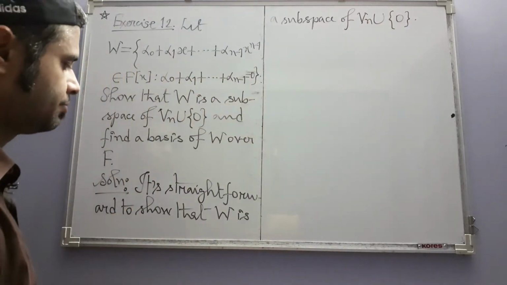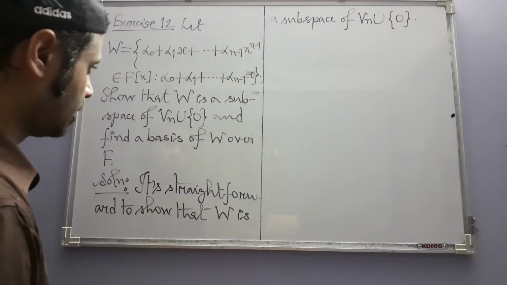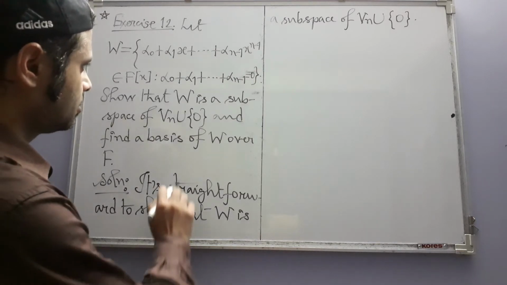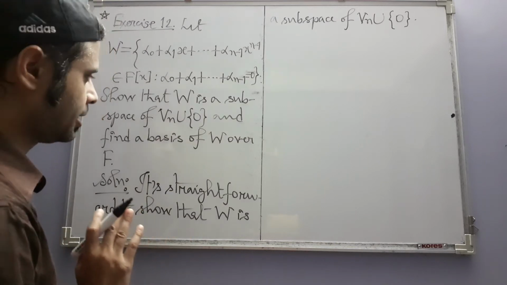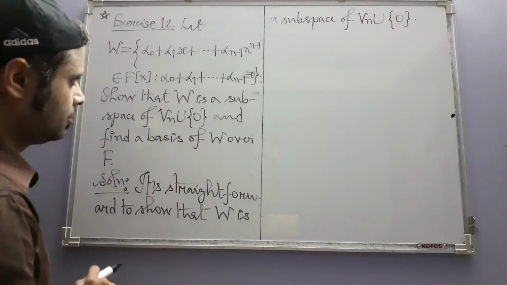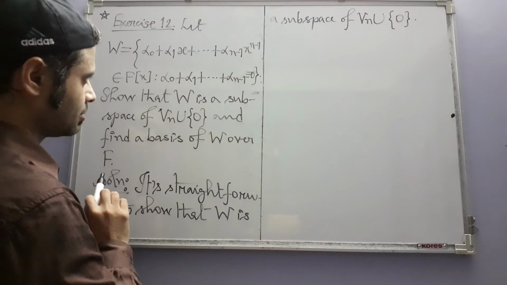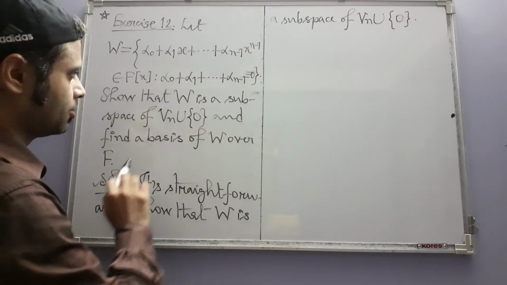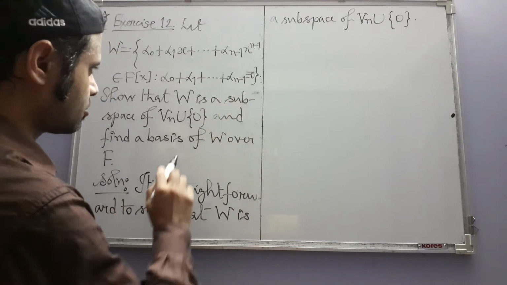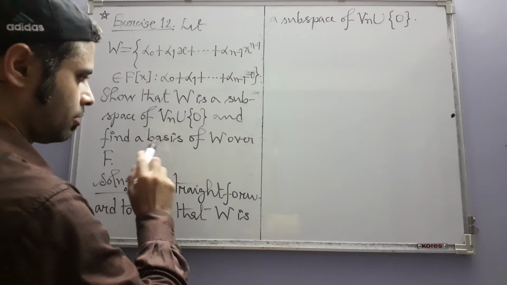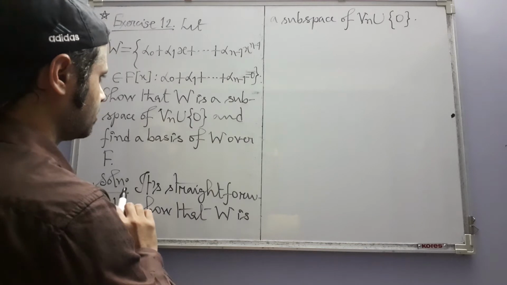Let us, however, still just briefly see what this requires us to do. Of course, this will demand that W is, first of all, non-empty as a subset of Vn union 0. It is non-empty. The 0 polynomial where all these alpha i's are 0 belongs to W, because their sum, which is all of them being 0, is of course 0. So W contains the 0 vector, or the same thing, the 0 polynomial.